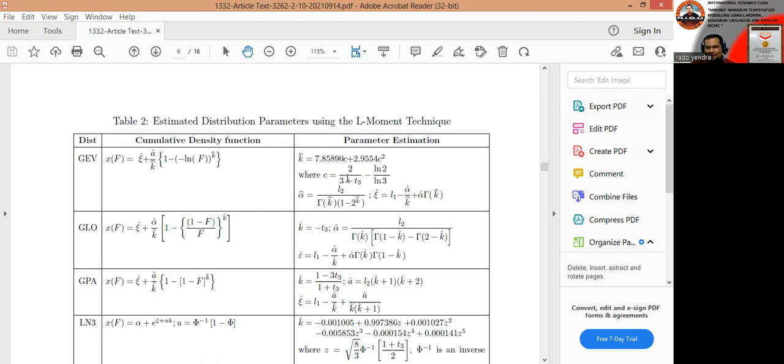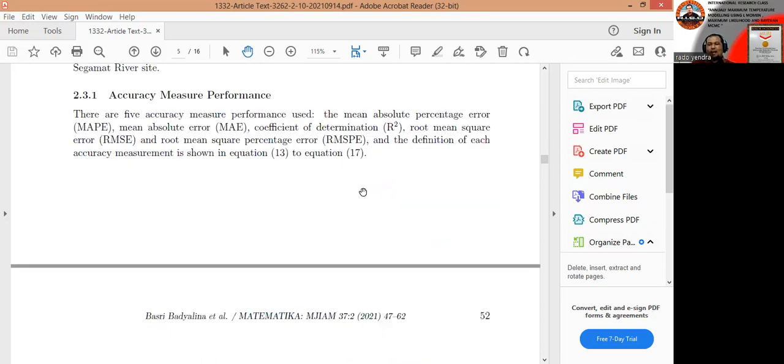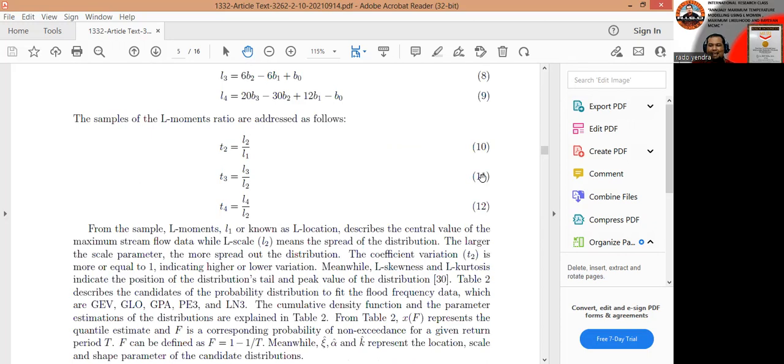In this one, we can first find what T3 is. T3 you can find from equation 11. In equation 11, T3 we can use the formula L3 divided by L2.